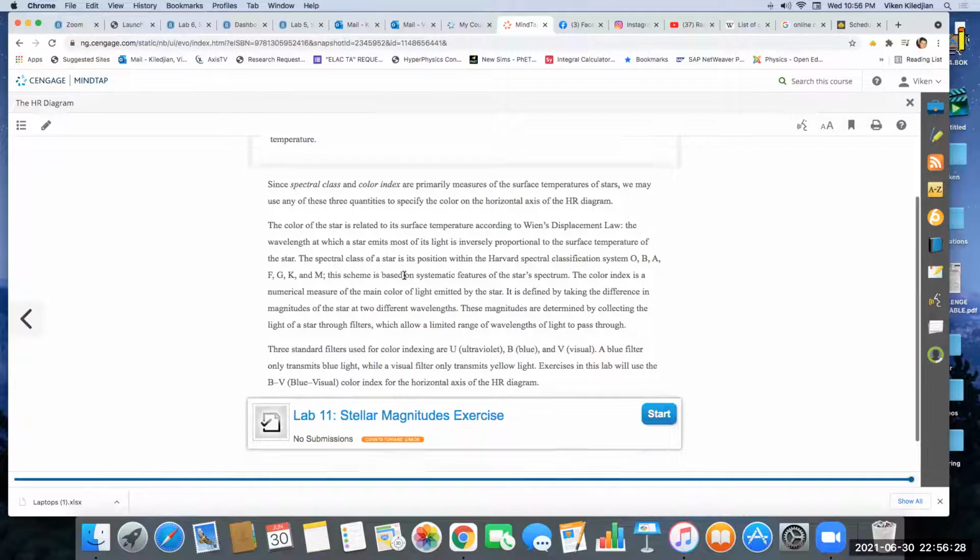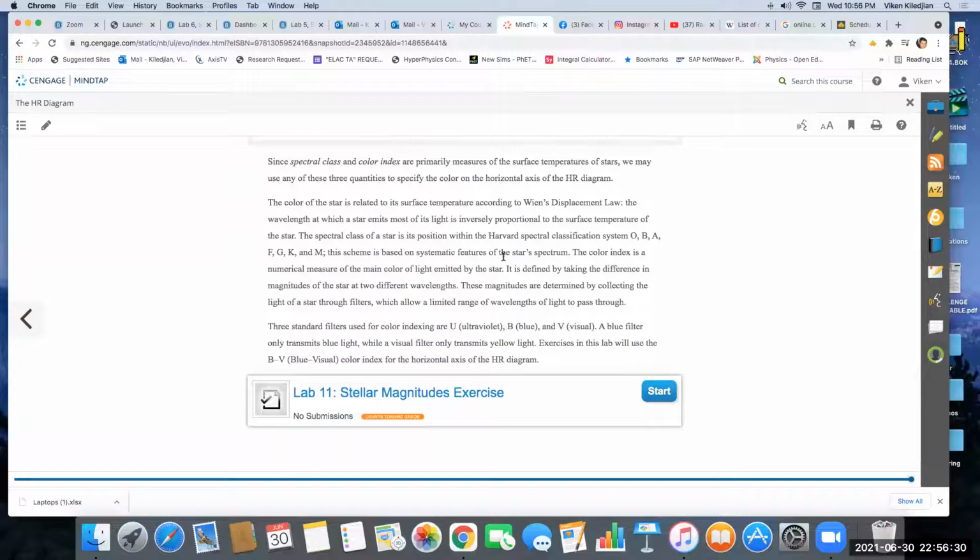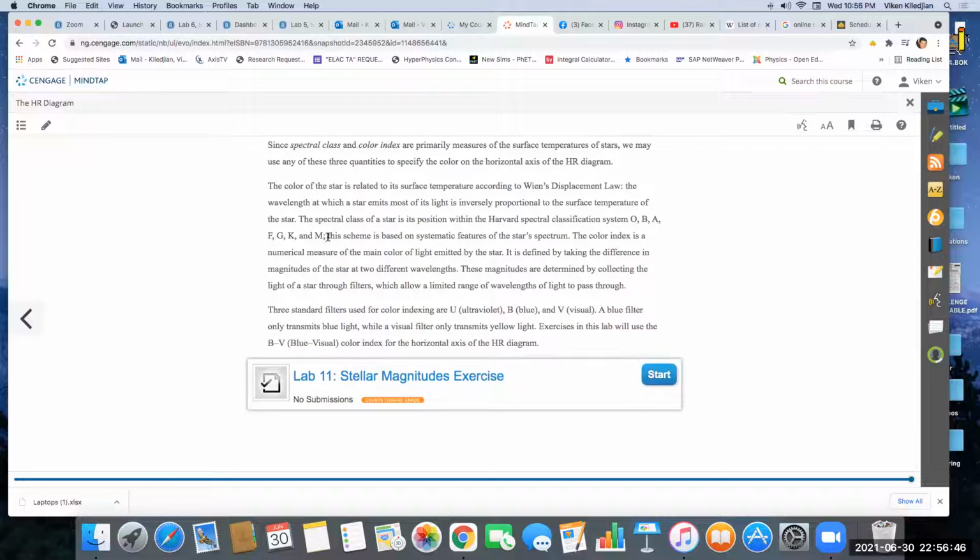The spectral class of a star is its position within the Harvard Spectral Classification System, OBAFGKM. Oftentimes we use this mnemonic to remember it: Oh, be a fine girl and kiss me. That's the mnemonic used to remember the Harvard Spectral Classification System.